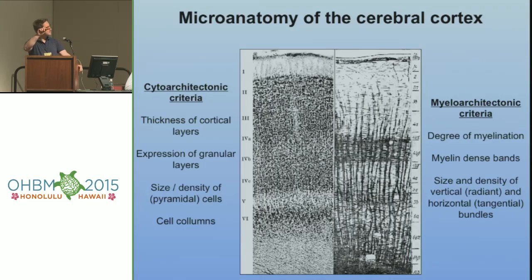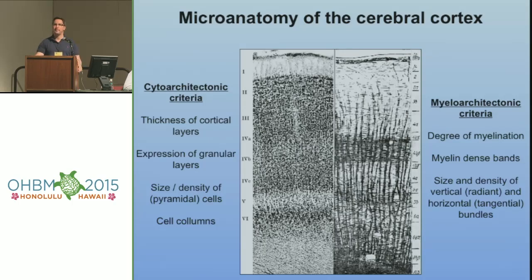On the right side here, you see a schematic drawing reflecting myelo-architecture. So myelo-architecture looks at the presence of myelinated fibers in the brain, in the cerebral cortex. Now we all know that in the white matter, there we obviously have almost exclusively fibers, so it's very myelin dense.